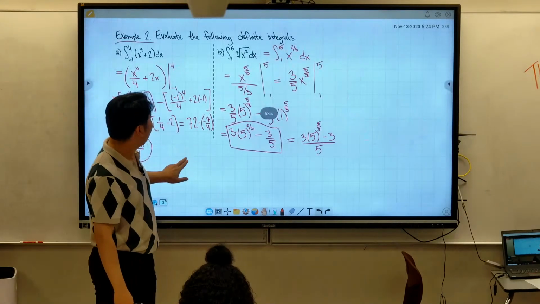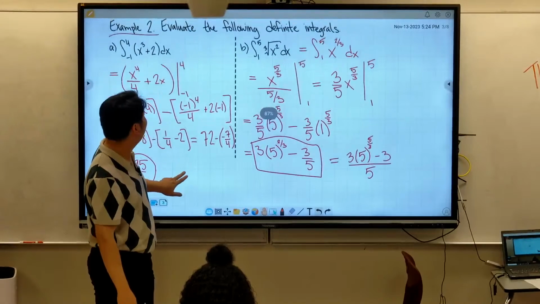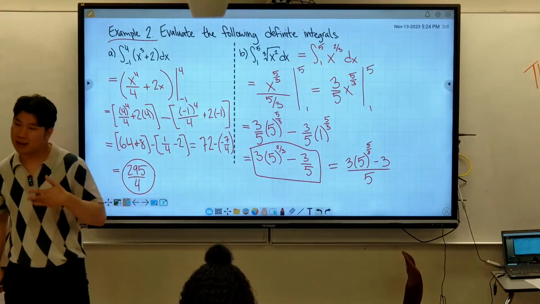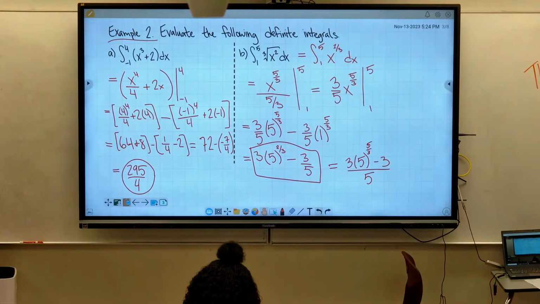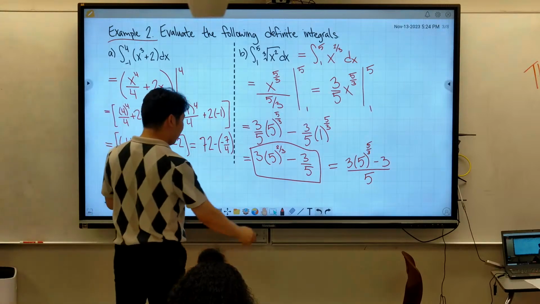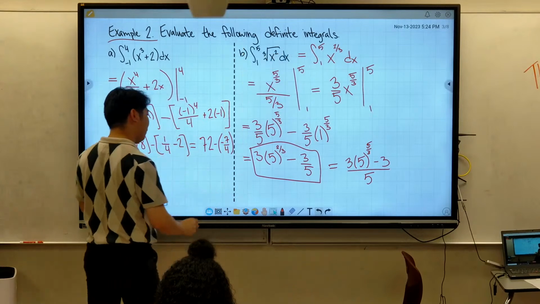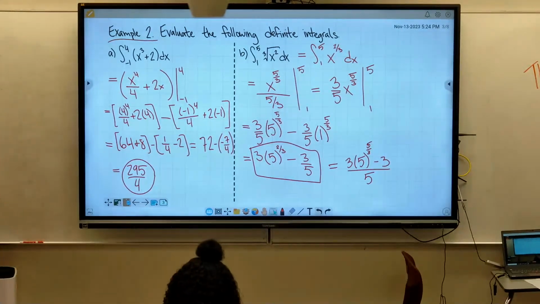So we have our part B complete. That turns out to be some decimal, but I want the exact answer. Any questions about how we applied the fundamental theorem of calculus here? Again, we get the antiderivative, plug in the upper bound, minus plugging in the lower bound.